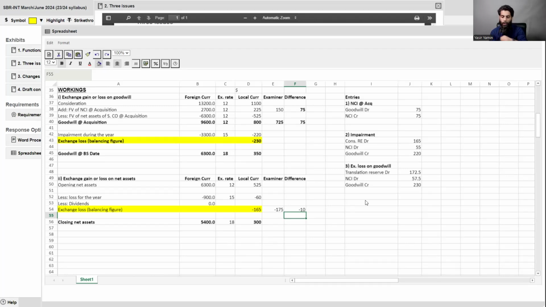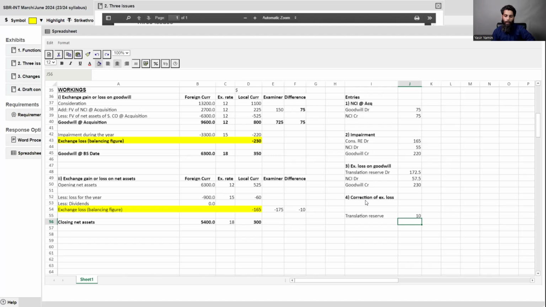We need to reduce the translation loss to correct the exchange loss. When we correct our exchange loss, the translation reserve would increase by 10.